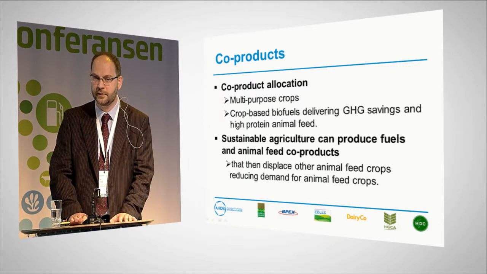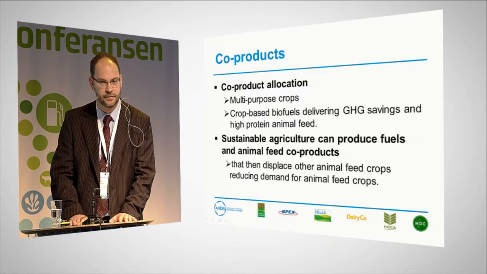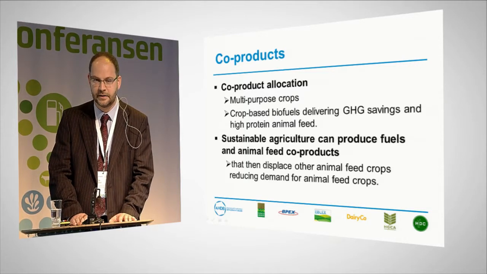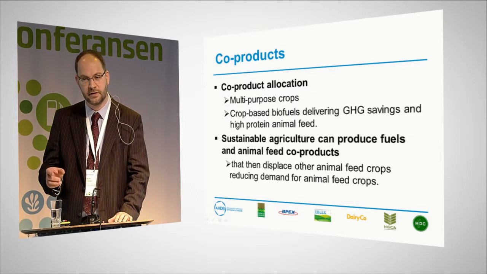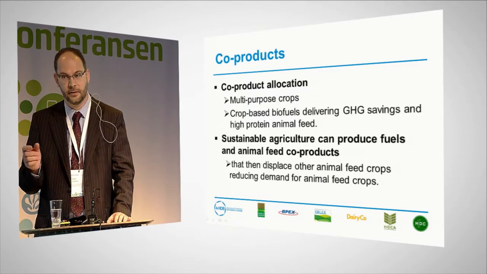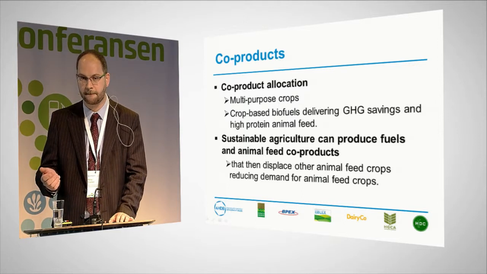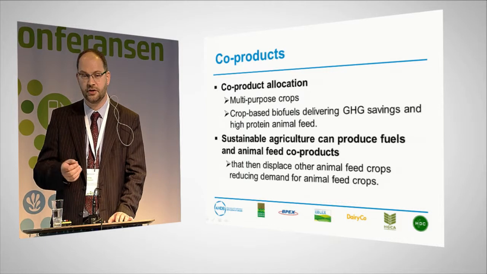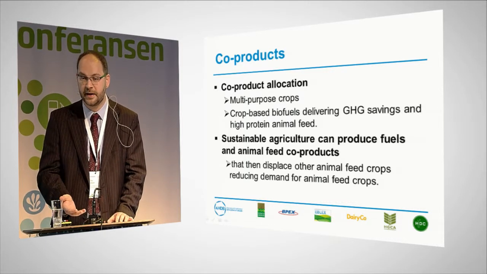But the nutritional value of the high-protein animal feed is in the protein, not the energy. And the protein is displacing those soy imports from South America. Actually, if you look at protein displacement as a co-product allocation, the GHG emission savings get better.